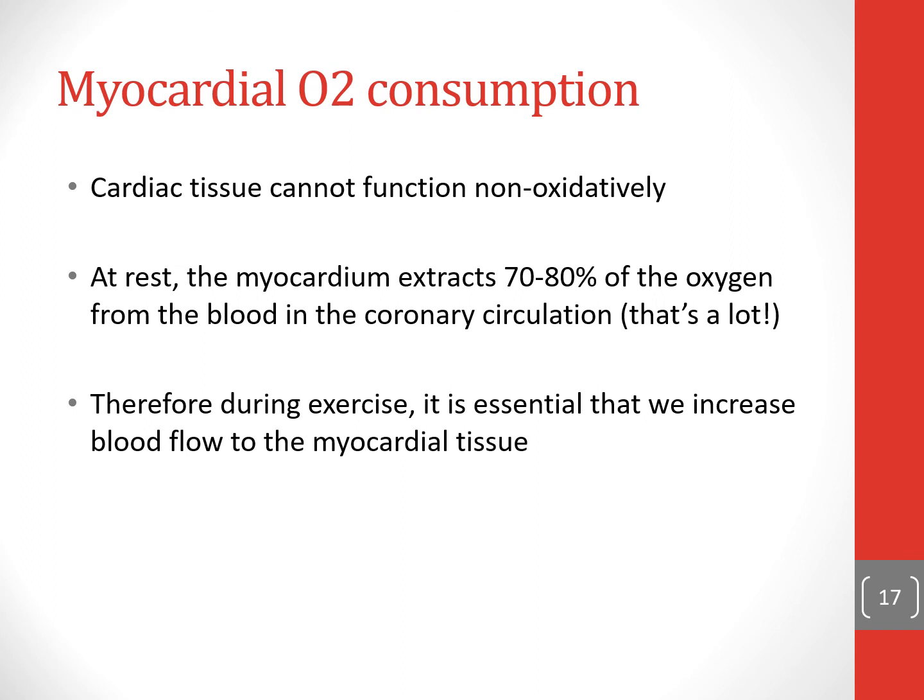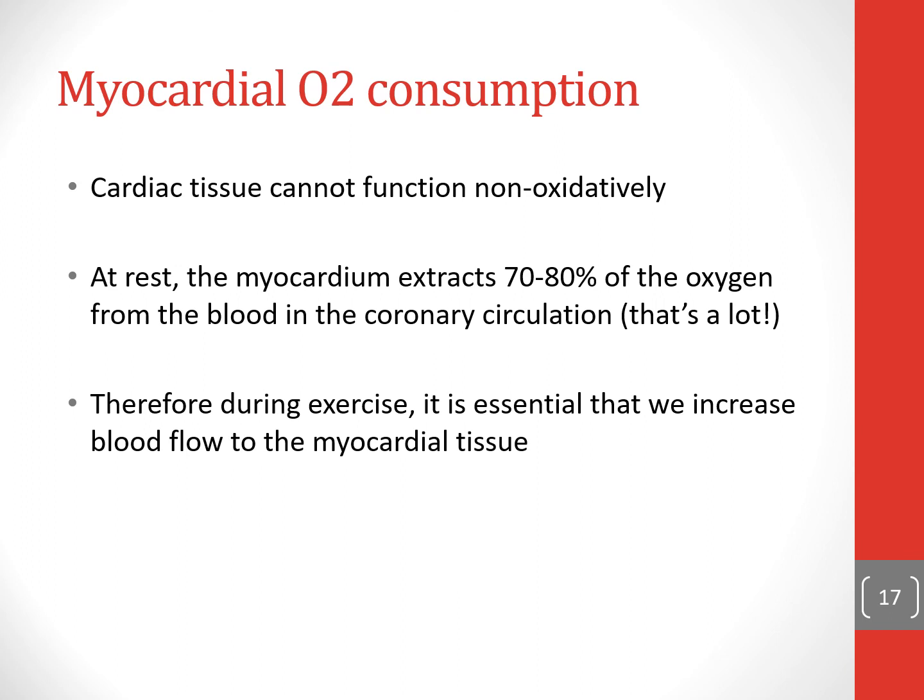Cardiac tissue cannot function without oxygen. So we absolutely need oxygen to the myocardial tissue at all times. If not, we will have a heart attack, basically. At rest, the myocardium, or the heart muscle itself, extracts about 70 to 80% of oxygen from the blood in the coronary circulation.